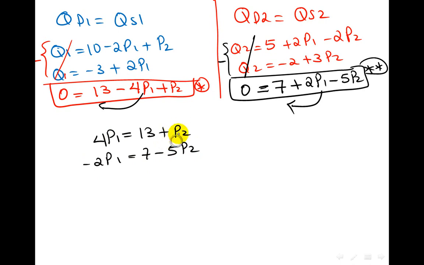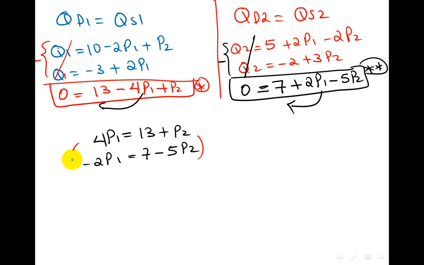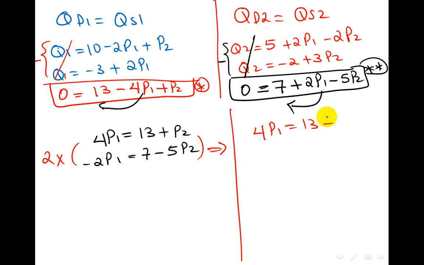To eliminate a variable, its coefficients must be equal. So I will multiply the second equation by 2. I'll find 4P1 equals 13 plus P2, and I didn't change anything here, but this one will be minus 4P1 equals 14 minus 10P2. You must multiply everything here by 2.